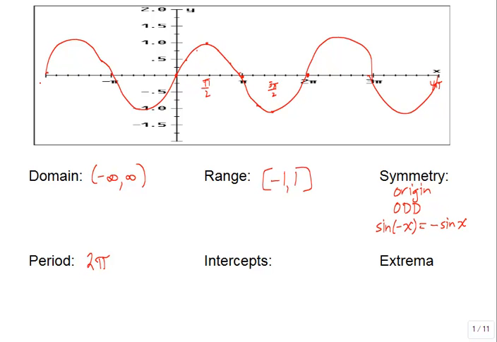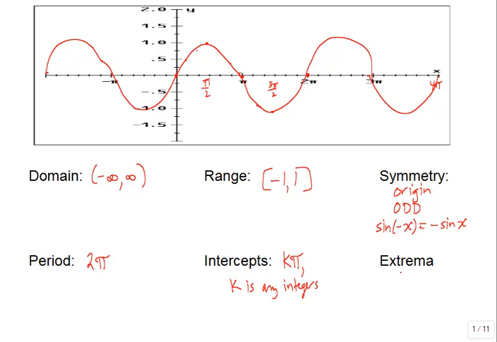So the way that we're going to generalize that is we're going to write k pi, where k is any integer. Remember, integers can be positive or negative. So if k is 0, 1, 2, 3, and so on, then we'll get all these positive intercepts. If k is -1, -2, -3, then we'll get all these negative intercepts.